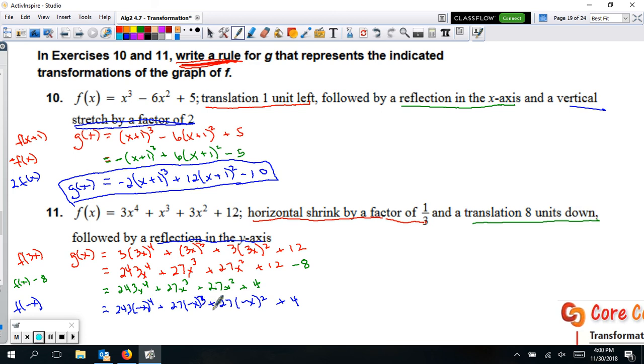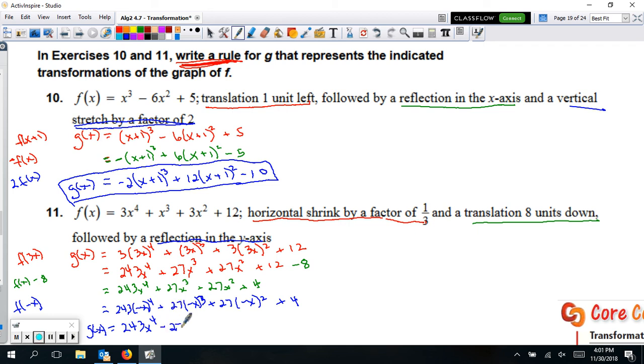This is to the 3rd power. So an even number of negatives is actually a positive. So negative x to the 4th power is just going to be an x here. So this one's going to stay. So let's put g of x down here. This one's going to stay positive 243 x to the 4th, but an odd number of negatives is really going to make this 27 negative.